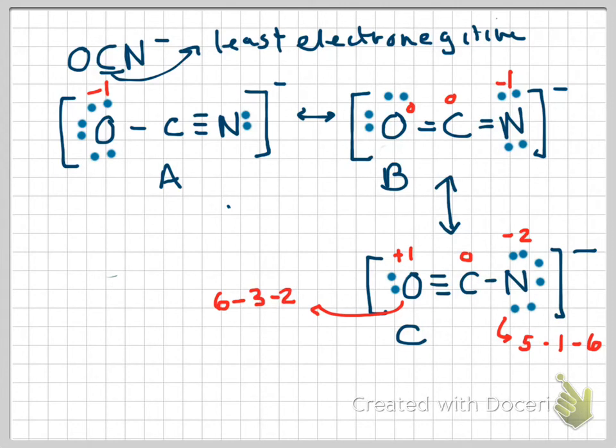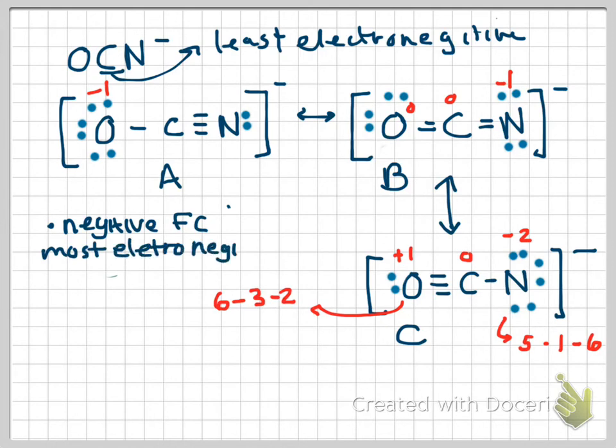So the best structure is the one where any negative formal charges should be on the most electronegative atom, or closest to 0.